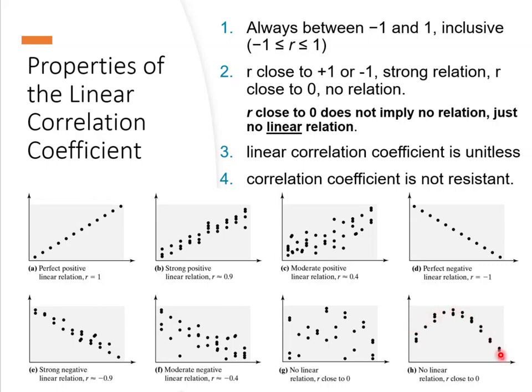Now, I could create an equation that represents this curve, but that's not what we're talking about here. We are actually using an r value to identify linear relationships, and it's pretty clear that this is not linear. So therefore, the linear correlation coefficient r would be close to 0.